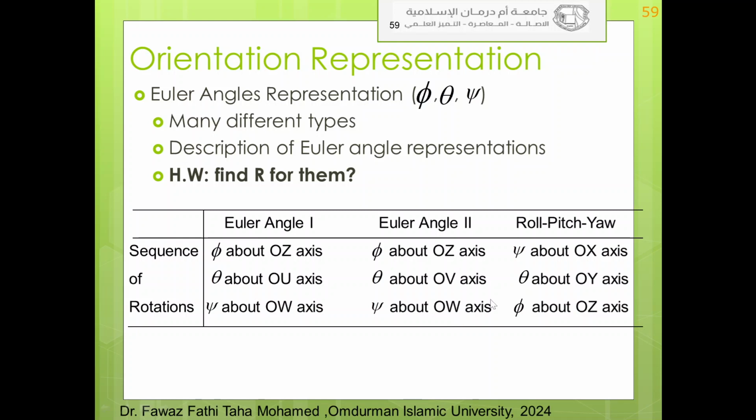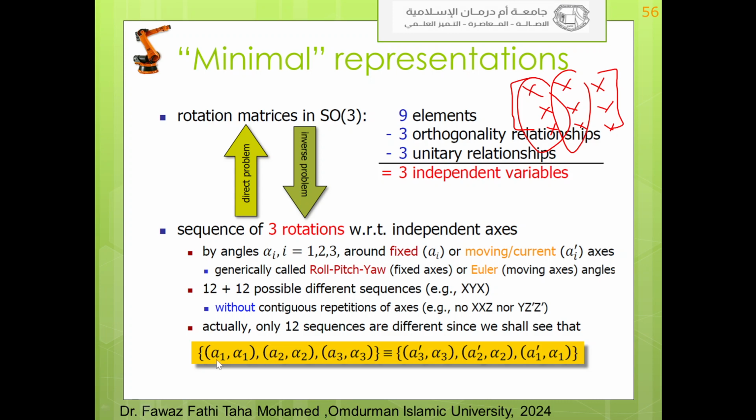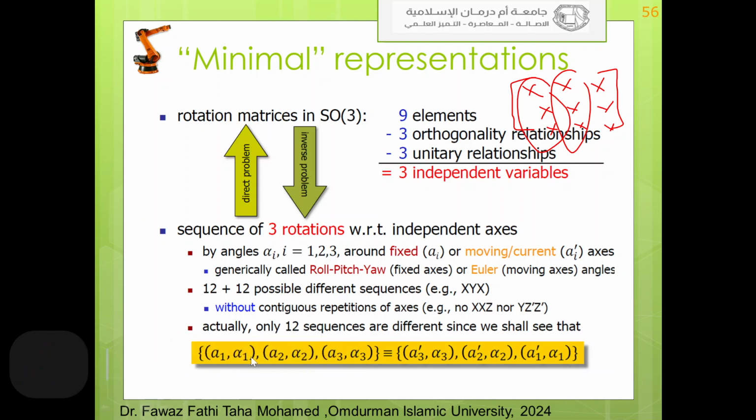Also, for roll pitch yaw, you have the rotation around x, y, z. As we said before, the rotation around fixed axes is similar to the rotation around moving current axes in the inverse order.